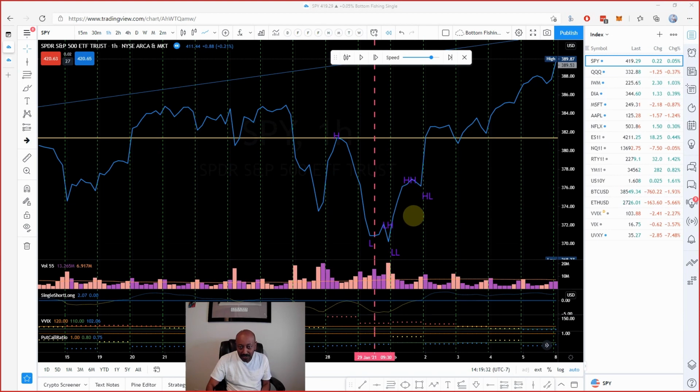Absolutely. So now, as soon as you break this new higher high, structure is broken. Yep, and it's broken at the next point, right? Yes, broken at this point right here, and this is your entry to take it to the upside.